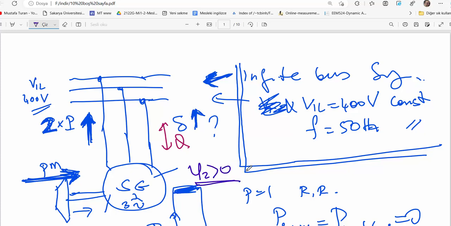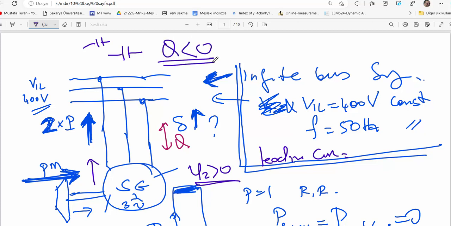That means there's a leading current. That means here are some capacitive loads, and the generator also delivers some negative reactive power to them together with some active power.